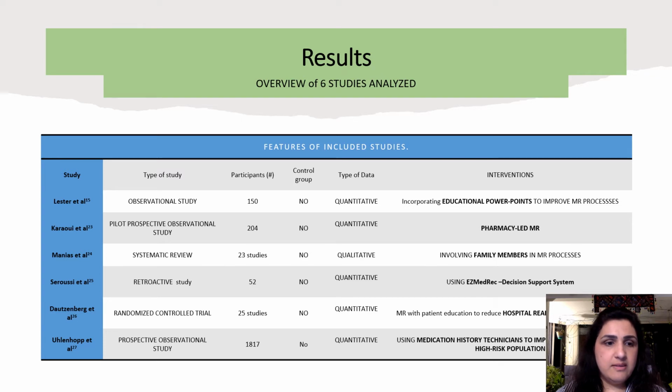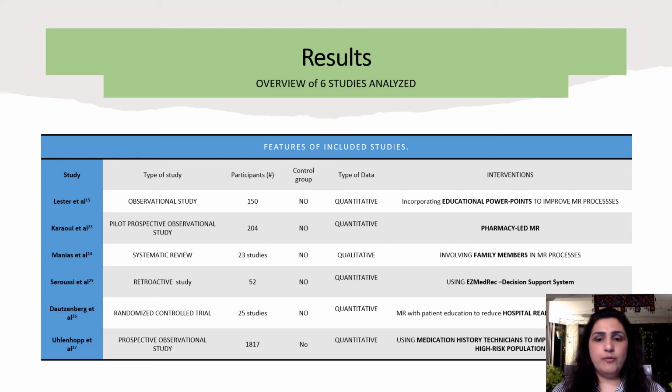And the last study was Hop et al., and they talked about conducting the medication history through technicians to reduce medication errors, to improve the medication reconciliation processes, and the study also worked on highlighting which group of people or population is at high risk of having these kinds of medication errors.